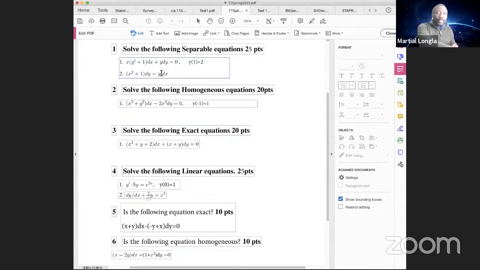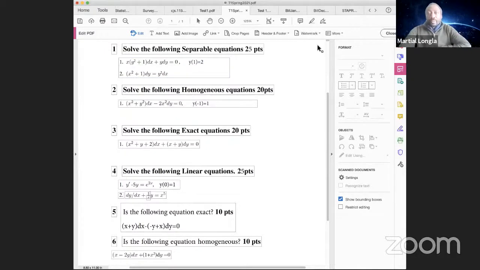The first one is solve the separable equation. The first equation is given as x times (y squared plus 1) dx plus y dy equals 0. And the thing that most people forgot is that y of 1 equals 2 is given.